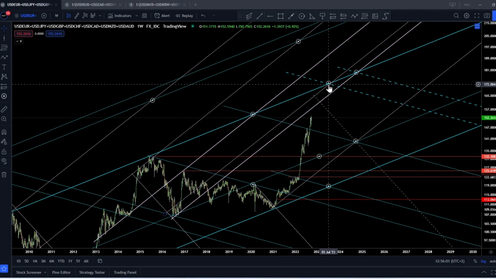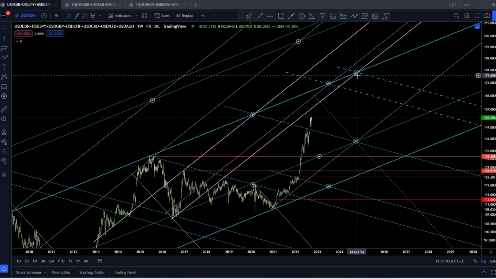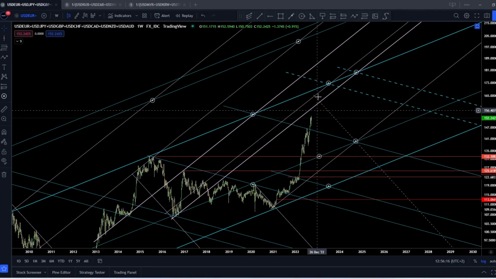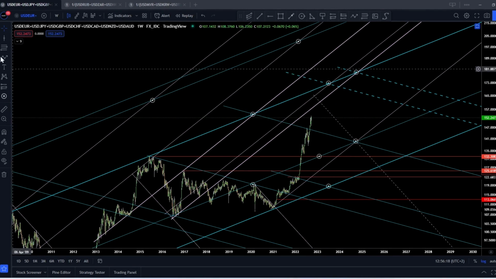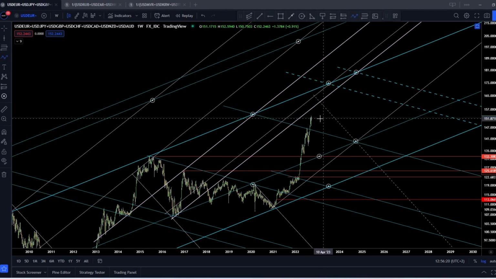So we could extend this rally to July next year, but we could go for another year into summer 24, summer in the northern hemisphere, so two more years basically of an ascending movement here in the dollar.